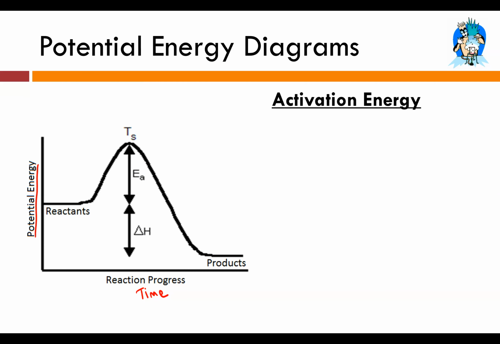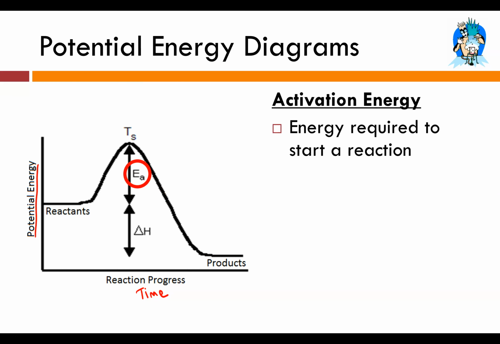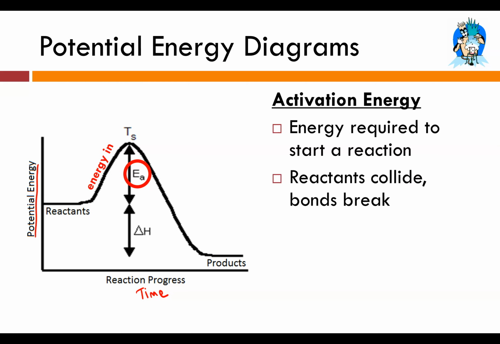I want to start with activation energy, which is this E sub A term. Activation energy is the energy required to start a reaction. So basically, no matter what the reaction is, I generally have to put energy in to get it going. This is going to allow my reactant molecules to run into each other or collide with sufficient energy to start breaking bonds.